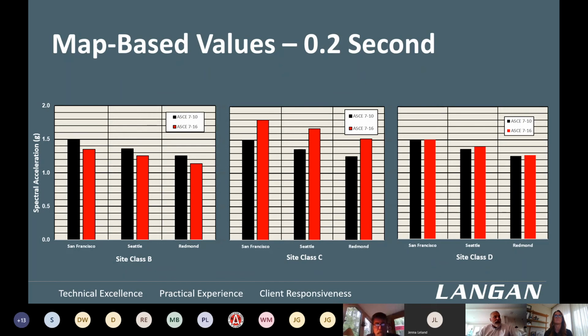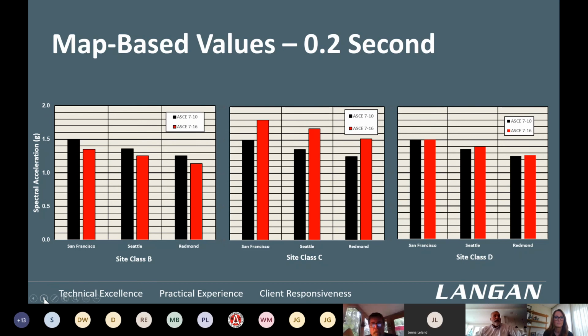This is for site class B, which is a soft rock condition. ASCE 7-10 is shown in the black bar charts, the spectral accelerations are on the y-axis, and the red is ASCE 7-16. You can see by and large for rock it has decreased somewhat.